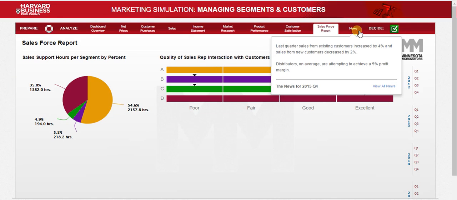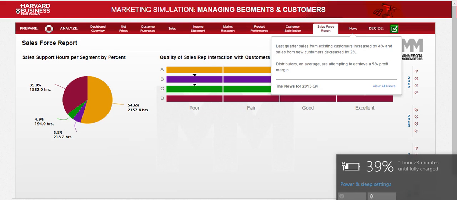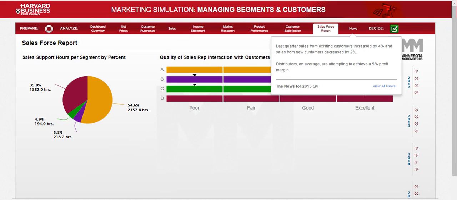And the news tab just basically tells us we increased by 4% on our existing, decreased by 2% on new customers. Distributors are on an average achieving 5% profit, and I think that works for us and them. They were primarily happy the whole time, and so was I, so we left it there.